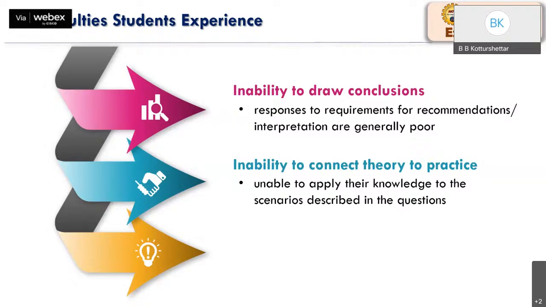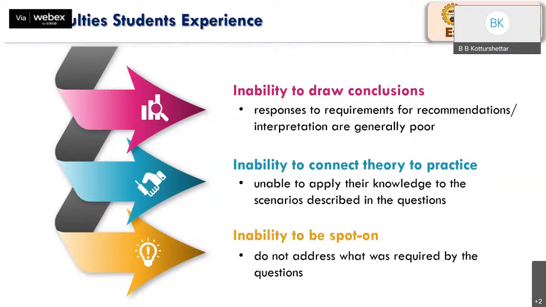If you deviate a bit and ask a question to connect theory to some practical application, then invariably we find students struggling. And the other way is also right: when they carry out some experiments, they come up with results. But when they are expected to connect what they have investigated with the theory that they have already studied, we find students struggling there as well.